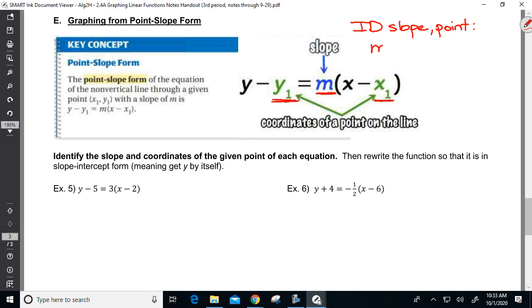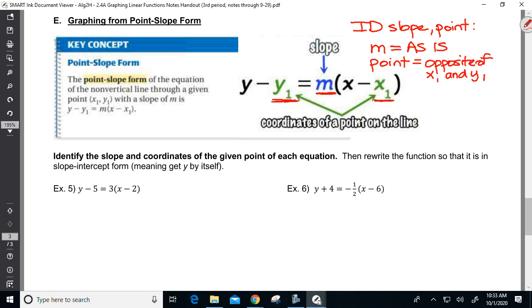The slope is easy. The m value you would take as is. So if it's positive, it stays positive. If it's negative, it stays negative. For the point, however, you take the opposite of the x1 and the y1.